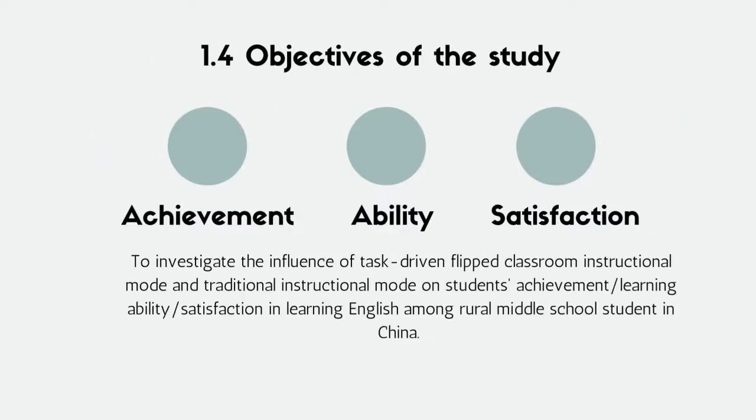This research takes the junior high school English course as an example to investigate the influence of task-driven flipped classroom instructional mode and traditional instructional mode on students' achievement, students' learning ability, and students' satisfaction in learning English among rural middle school students in China.